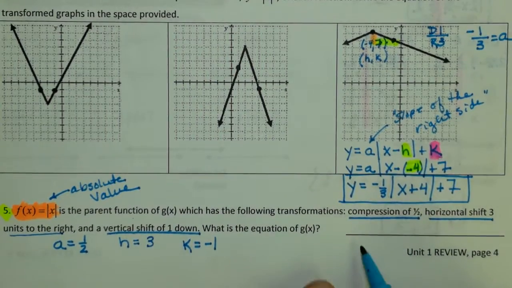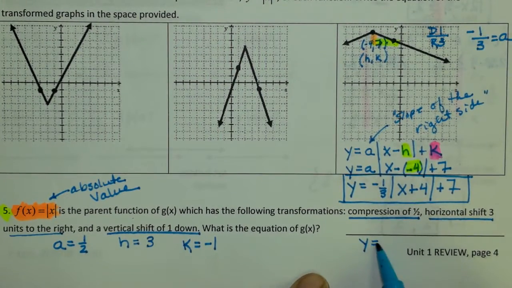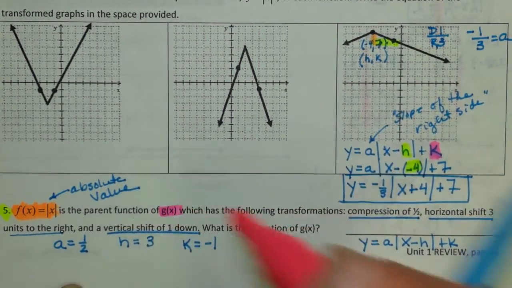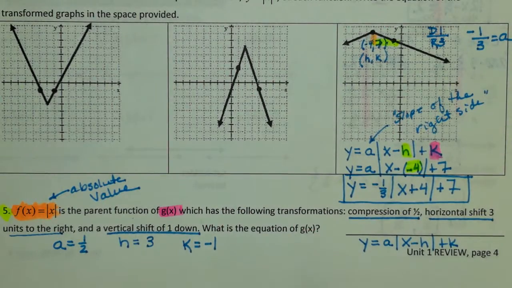So I have to remember that y is equal to a absolute value x minus h plus k. So now it's just a matter of plugging it in. I have to remember that the new function is g of x, so instead of y, I'm going to write g of x because that means the same thing.